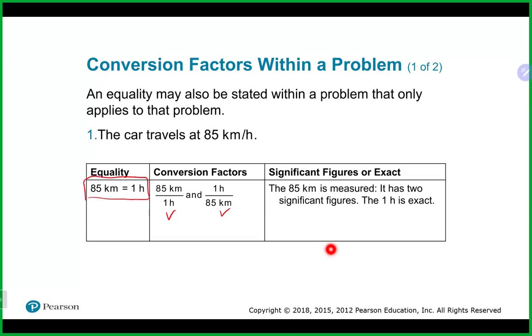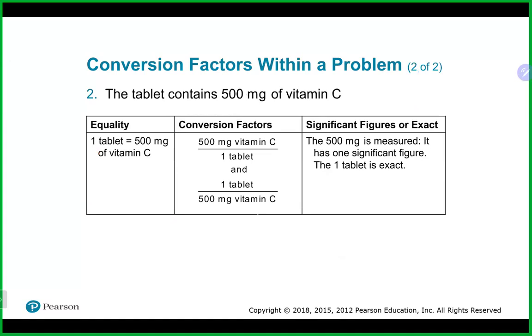If we were to use this in an actual problem, we would need to look up the significant figures, and it would be the 85 that we would look at, and it would have two significant figures. So you don't want to gloss over all conversion factors. There definitely are some that you do need to look at.